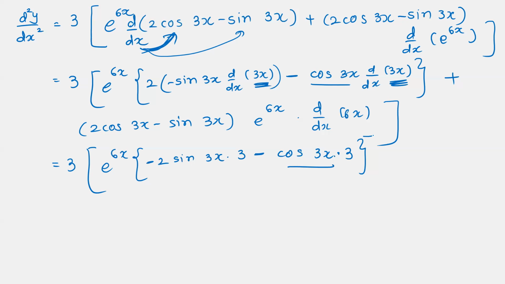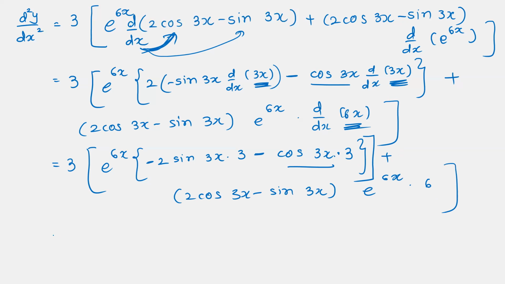This is the first bracket, plus the second bracket as it is, e to the power 6x also as it is, into the derivative of 6x. I can see that in both terms we have e to the power 6x. Let us take e to the power 6x out.